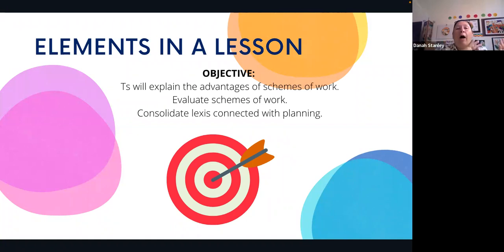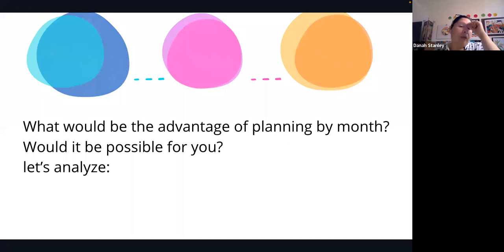Last week we saw how to plan just one lesson. Now we are going to divide this unit or this module in different sessions. So all the sessions are in sequence, and they get into a final result, at the end of that period of time. Okay.